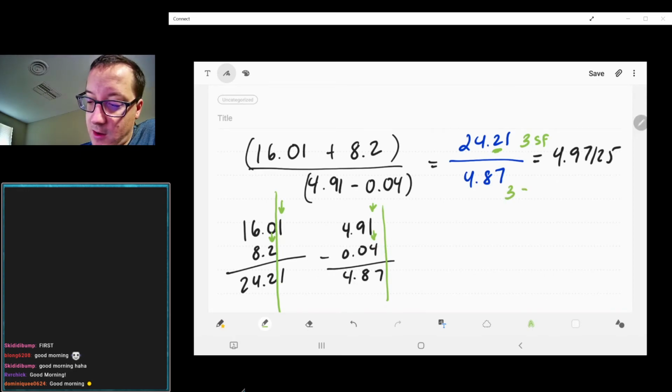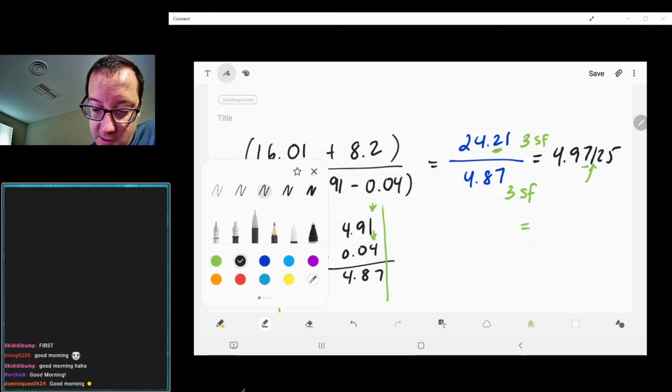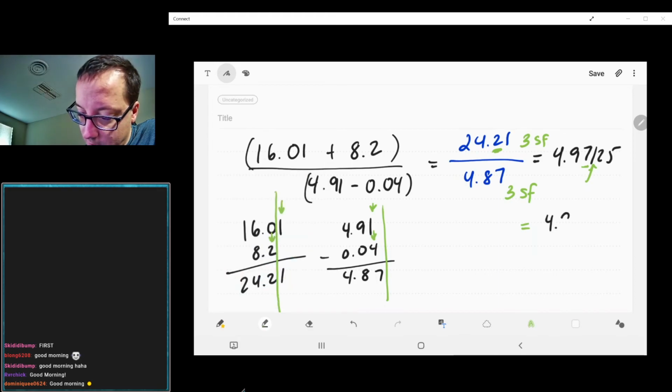The number on the bottom also has 3 sig figs, inadvertently I suppose, which tells us that our answer should also have 3 sig figs. So we're going to want to round based on this 1 here. And since that is a 1, we're just going to round our answer to 4.97. And we're done. Hooray!